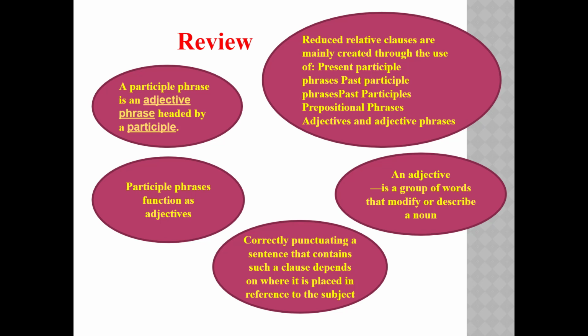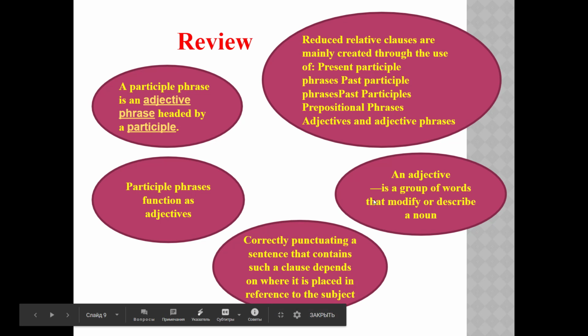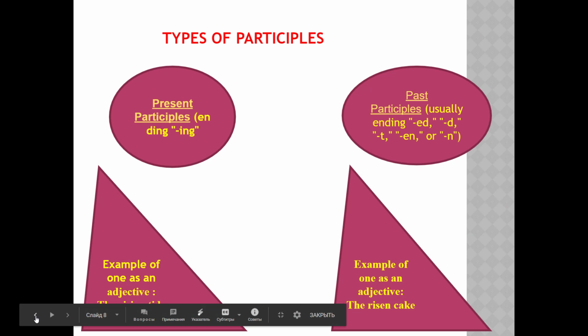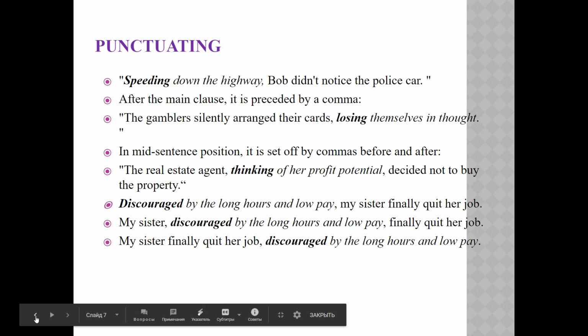For example, a participle phrase that indicates a cause usually precedes the main clause and sometimes follows the subject, but only really appears at the end of the sentence. No matter where they are, they always modify a subject. Correctly punctuating a sentence that contains such a clause depends on where it is placed in reference to the subject.